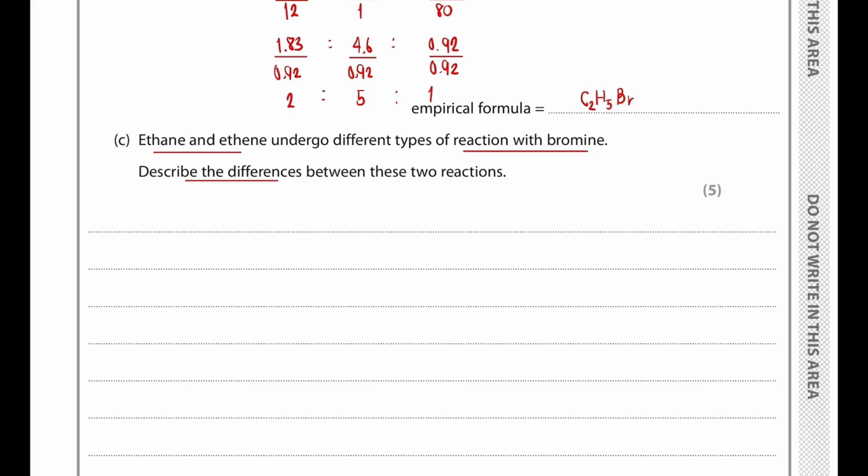Question C. Ethane and ethene undergo a different type of reaction with bromine. Describe the differences between these two reactions. Okay. Ethane is an alkane, okay, which has only single bonds.